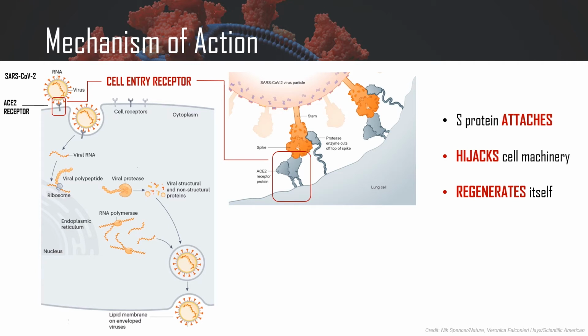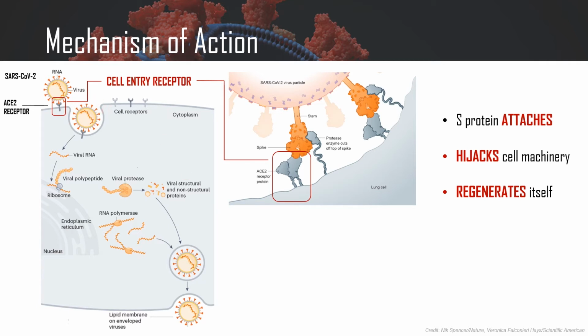When it regenerates itself, it forms into a novel virion, which we can see here. It's compartmentalized into a vesicle and then transferred to the membrane, where it is released from the cell or undergoes exocytosis. So we can see that this is a novel virion, which is a replica of what was originally started with.